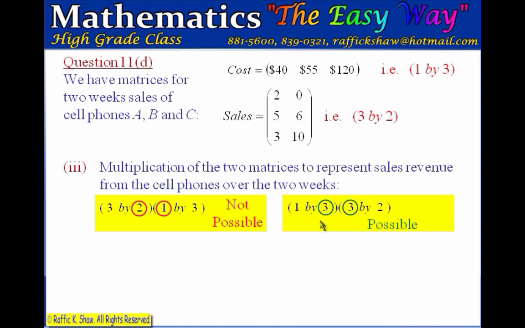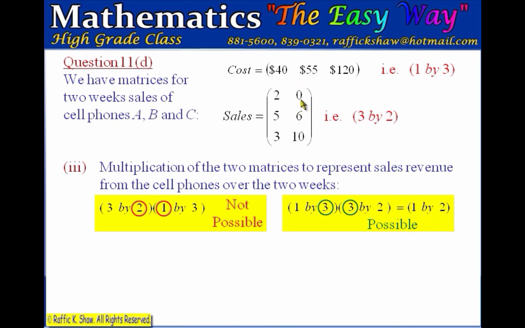And the result of multiplying these two matrices will be a 1 by 2 matrix, the number of rows from the first matrix by the number of columns of the second matrix.